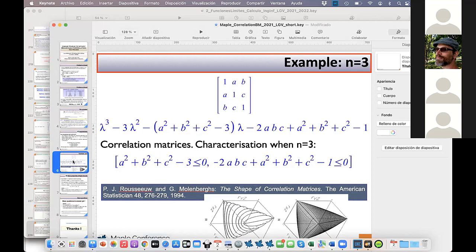This is exactly the point. Since the entries, A, B, C in this case, belong to a finite set of integers, initially 0 and 1, or -1, 0 and 1, we just run all the possibilities and take into account those satisfying these inequalities. This is because our set of matrices is finite, and so we check if these matrices satisfy or not these polynomial inequalities.